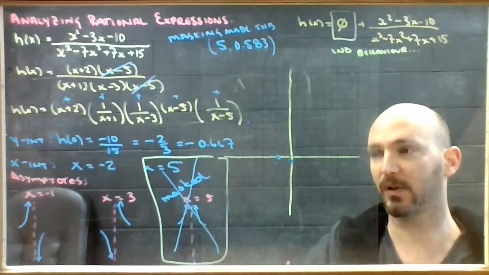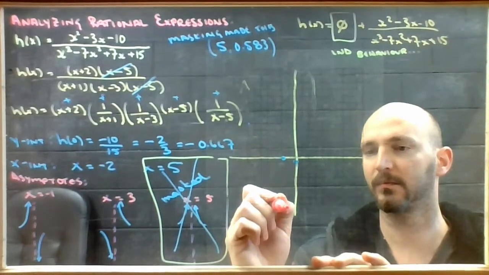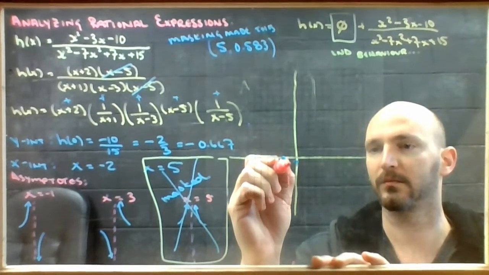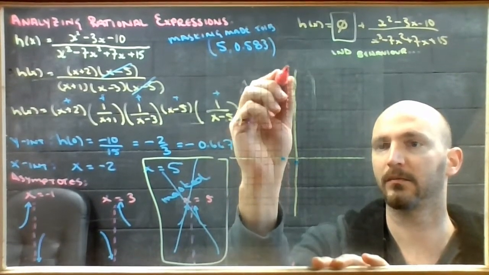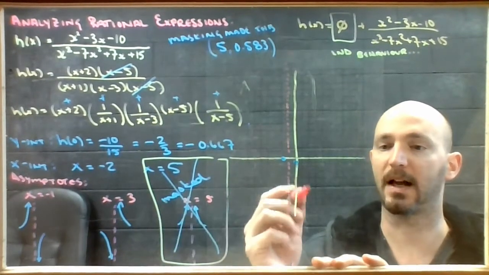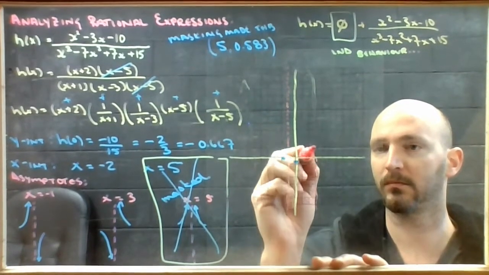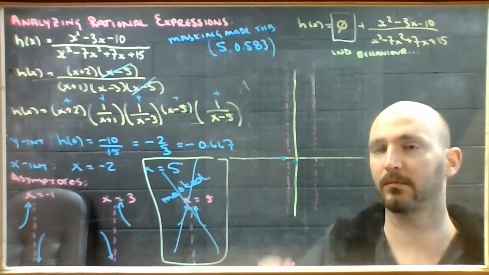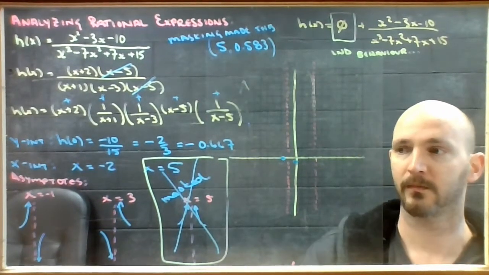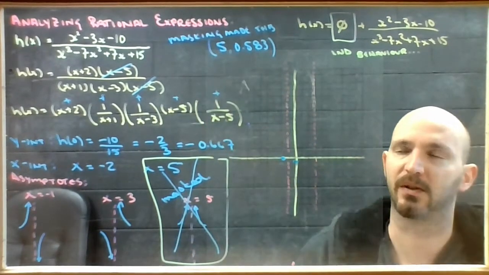And I have a vertical asymptote at -1. And I have a vertical asymptote at 3. And then this one was masked. And then I have this weird little feature here.